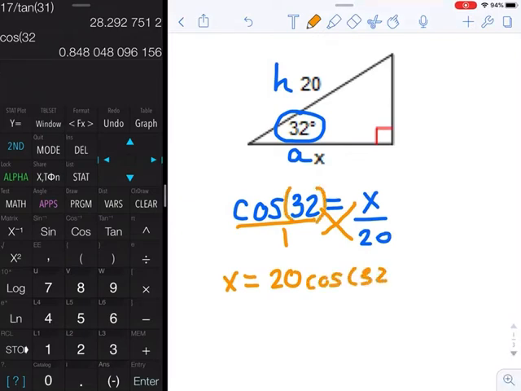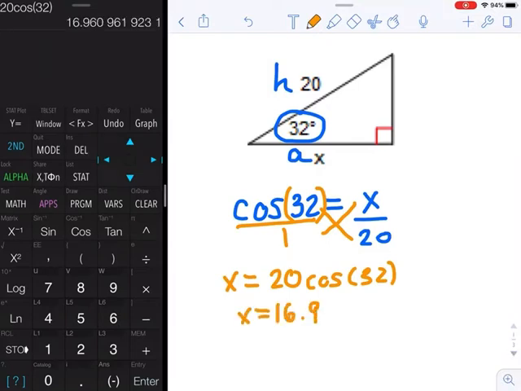Technically, probably a good habit to put parentheses around the degrees. What's nice about this one right here is I can just do 20 cosine 32, plug that all into a calculator, nice looking, easy, and x equals 16.9. Actually, I probably can see it, 16.96.